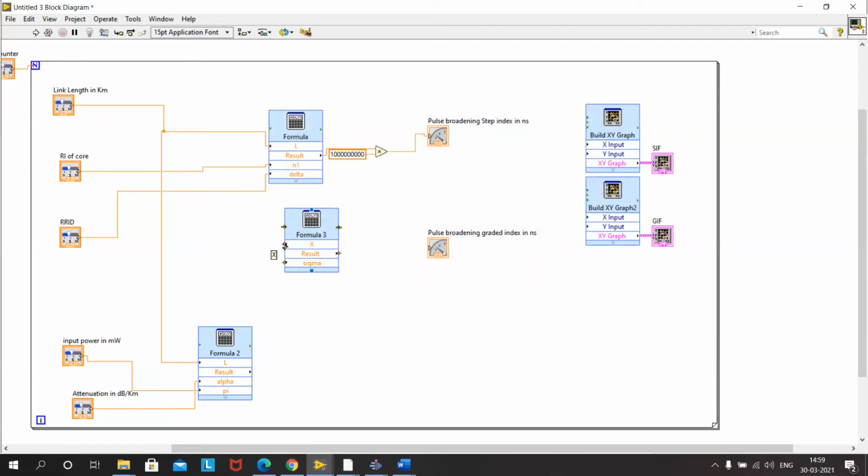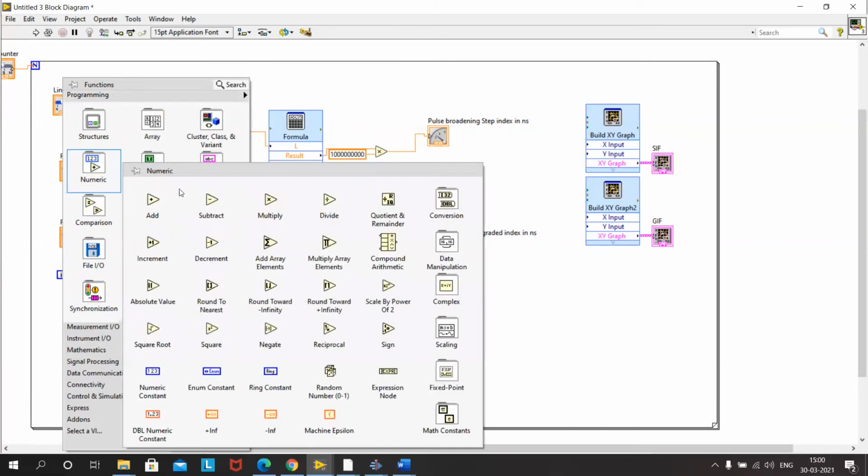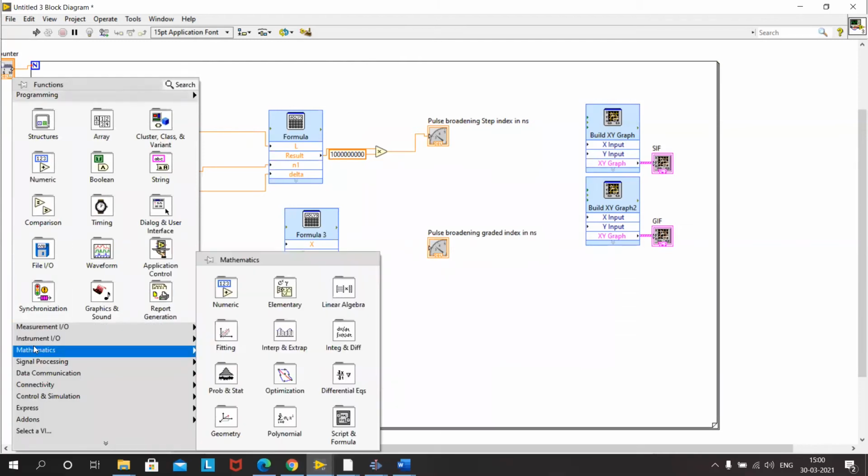Now we'll be connecting x to our counter, which will be set to x minus n by 2, where n is the counter.